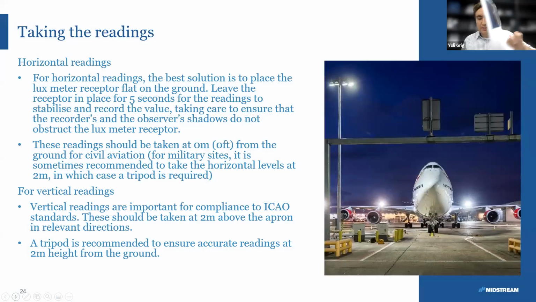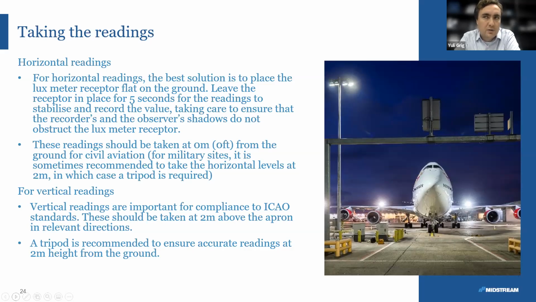So taking the readings. The light meter, as mentioned, actually, no, we carry on with the horizontal readings. This is the simple one, where the horizontal is measured on the floor at basically 0 meters, unless it's a military installation, in which case quite often it's recommended to do the horizontal at 2 meters.